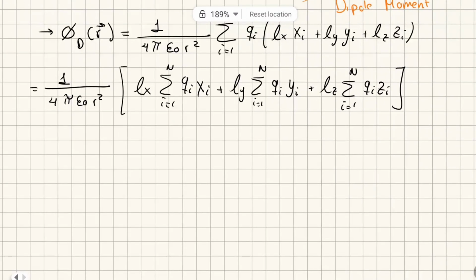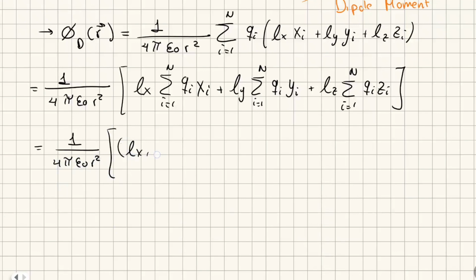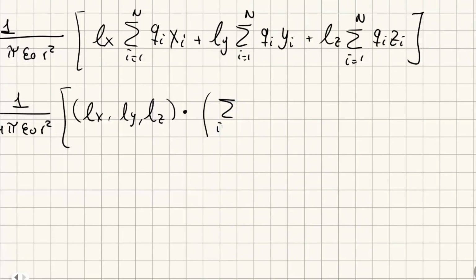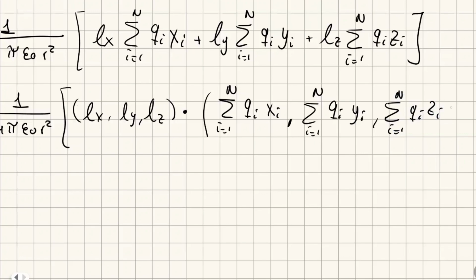Well, we can see this as 1 over 4 pi epsilon 0 r squared times (Lx, Ly, Lz) dot the sum from i equals 1 up to n of qi xi, the sum from i equals 1 up to n of qi yi, and then the sum from i equals 1 up to n of qi zi.